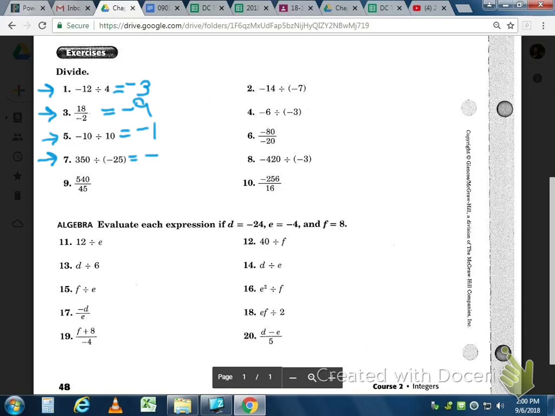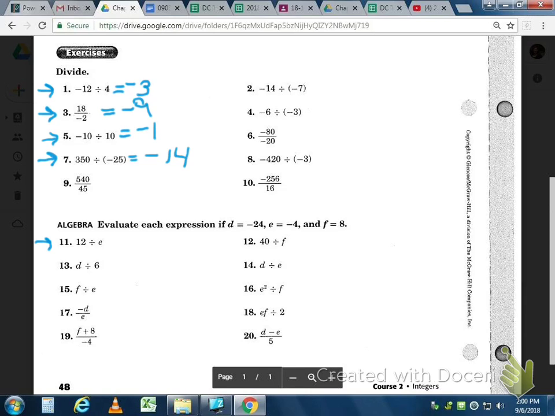It's not 10. So let's think about this. 25, think of it as quarters. How many quarters would be $3.50, you think? 14. Yeah, negative 14. Okay, we're not even going to worry about number 9. You guys could do that one. We're going to skip ahead to these.